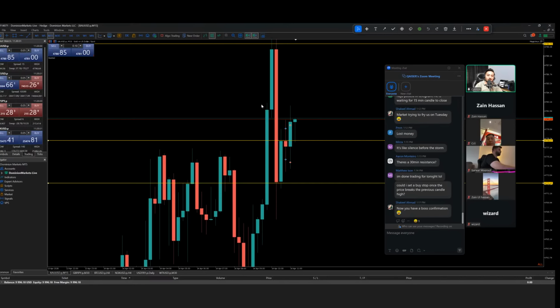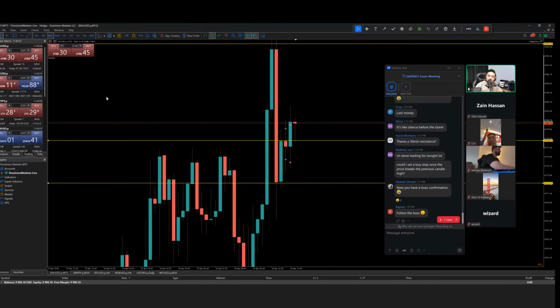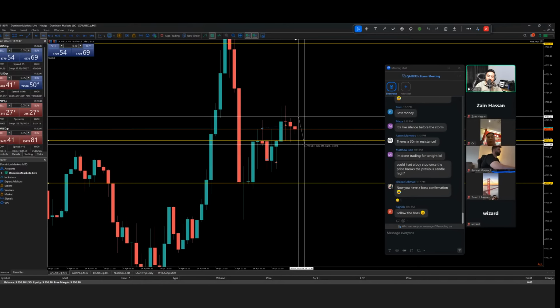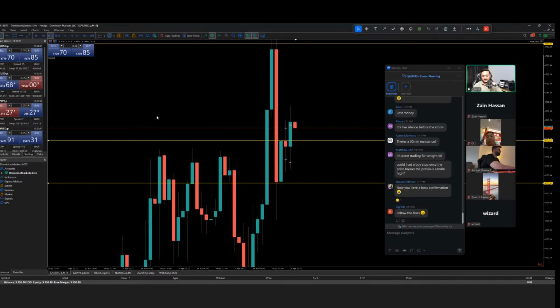Wow, it's pushing up now. There is still 10 minutes left for the candle to be closed. Looking at the 5 minute. Yeah, I'm following the boss right now. Even on the 5 minute, if it's going to break above this high, I think this makes sense. Let's see.